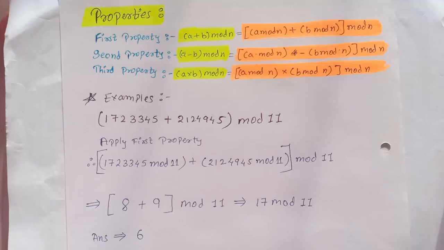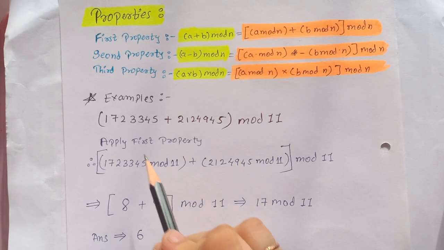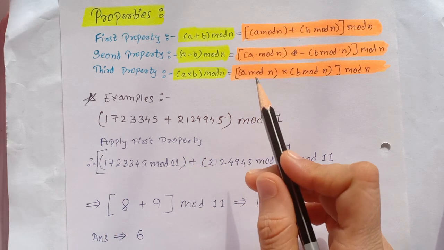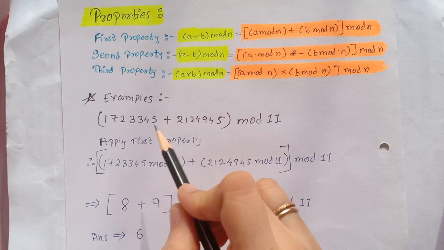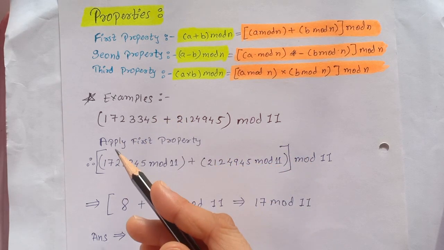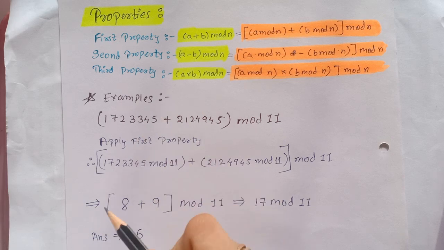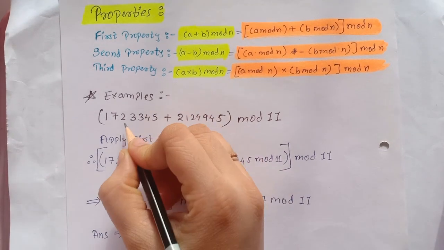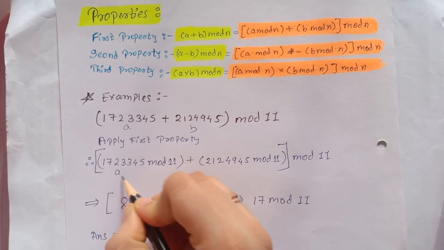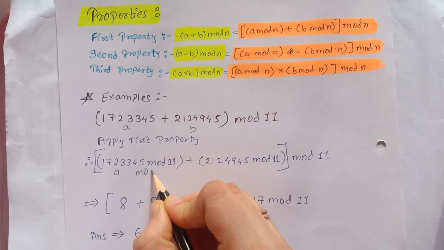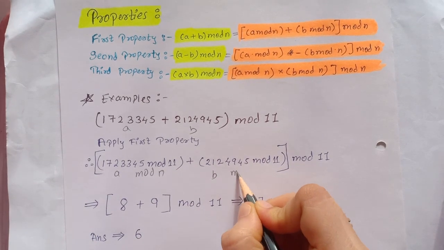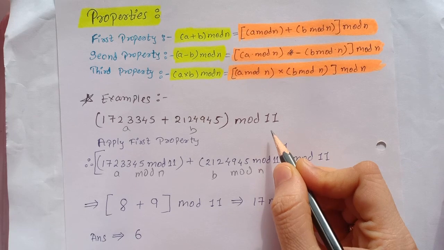So let's see an example. Here this example is given, and we will apply the first property because these are very big numbers, and let's try to solve by a simple method. Assuming this as a and this as b, we will do a mod n and b mod n. n is 11.